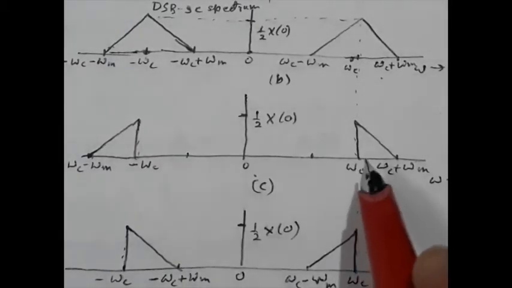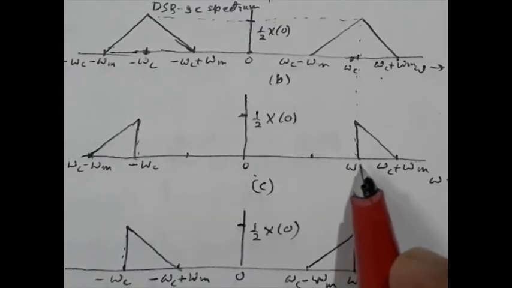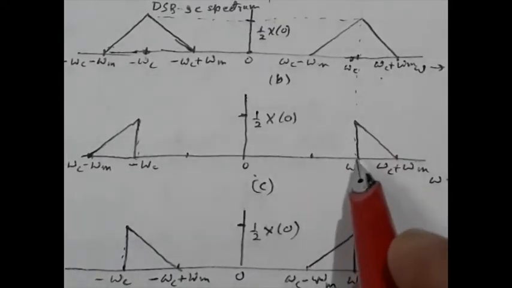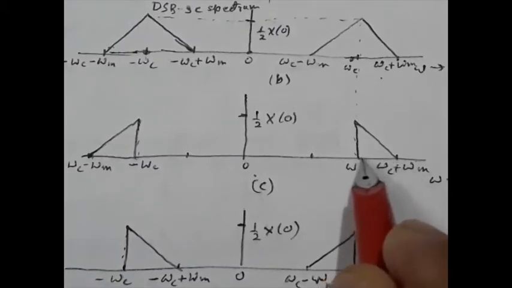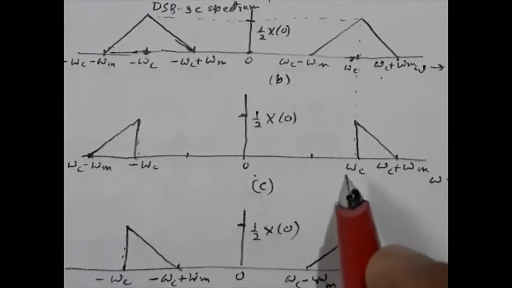Now if you observe the frequency range of SSB-SC, say for this case where the upper sideband is retained and the lower sideband is suppressed, the frequency components present in that signal are from omega c to omega c plus omega m. That means the bandwidth is omega m only.